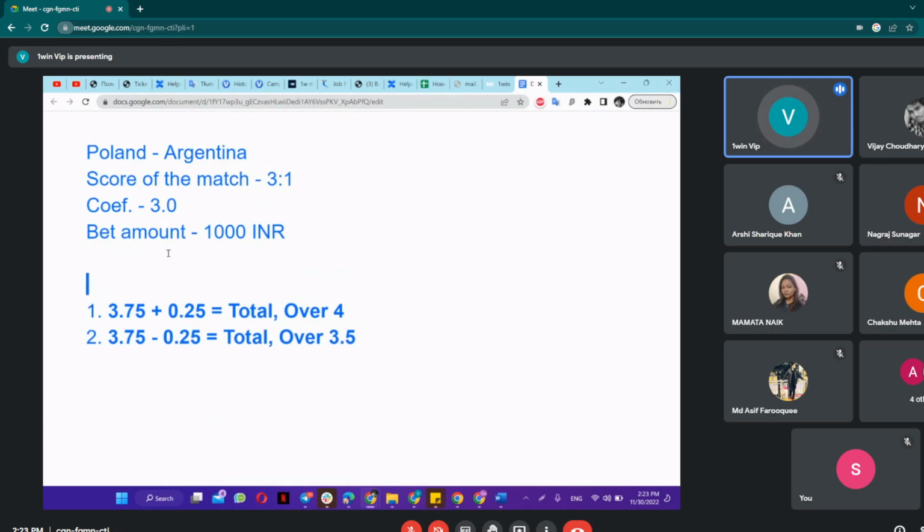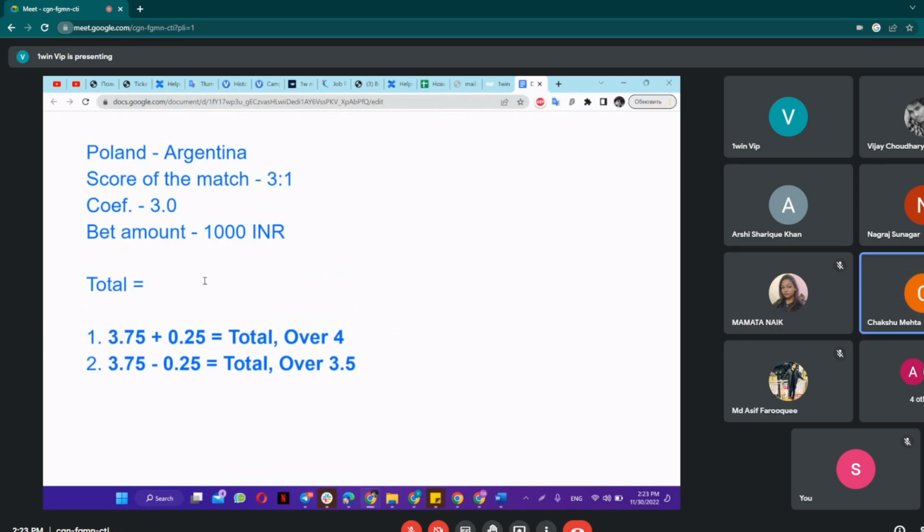First, who will tell me what is the total of this match? Poland, Argentina. 4. Yes, total of the match is 4. So how will it be calculated?